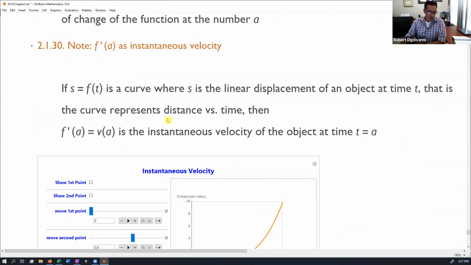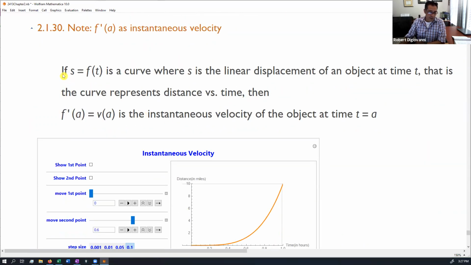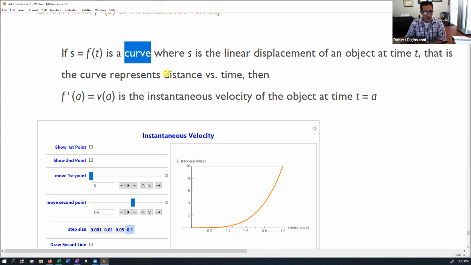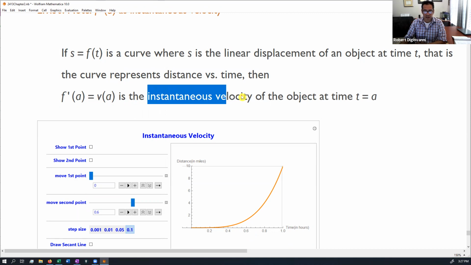Now, if your function is some curve that represents linear displacement, in other words, it represents a distance you travel over a given amount of time, then the derivative will always represent the instantaneous velocity of the object.